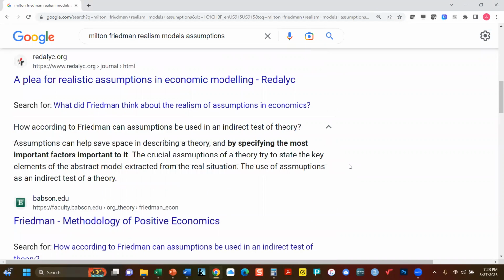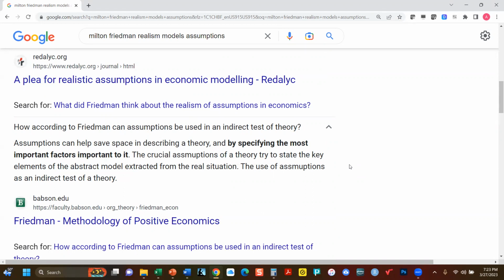He had a great quote where he basically said what matters to a model is not the realism of its assumptions, but the validity of its predictions. In other words, if you have a model that works well, even with crazy assumptions, it's still a good model. If you're forecasting the Dow Jones by using a Ouija board, for example, well, if it works, keep using it, even though it's pretty ridiculous.